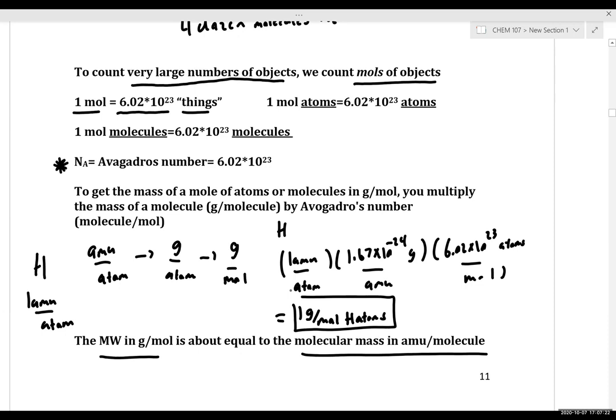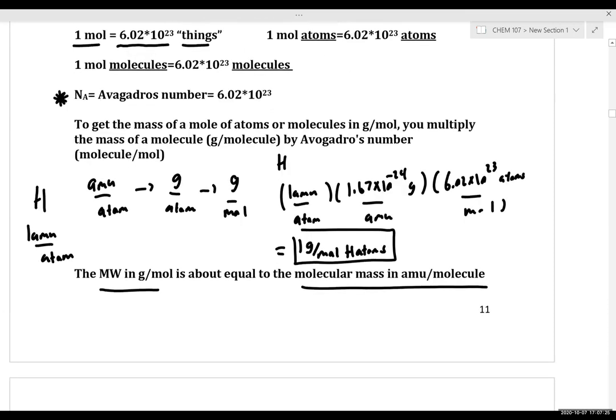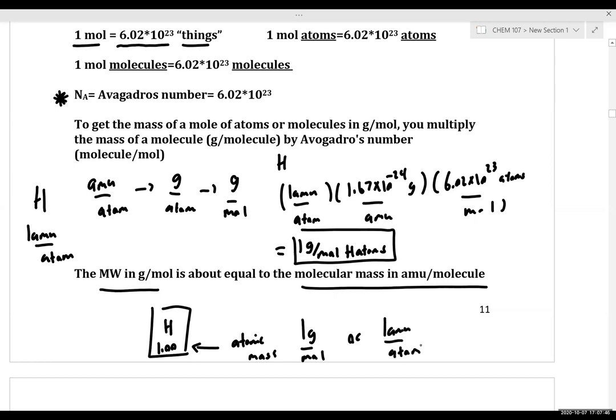So the main thing that I want you to take away from this is that when you see hydrogen or any other element in the periodic table, you can read your average atomic mass in gram per mole or AMU per atom, with the units of gram per mole being far more common and useful in chemistry calculations, because we naturally handle materials on the scale of grams.